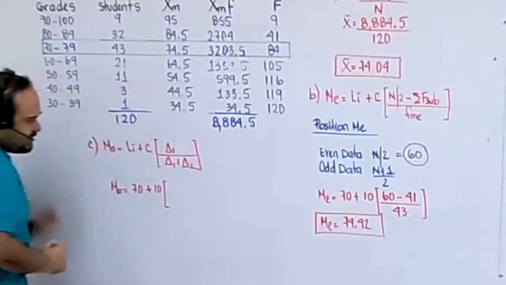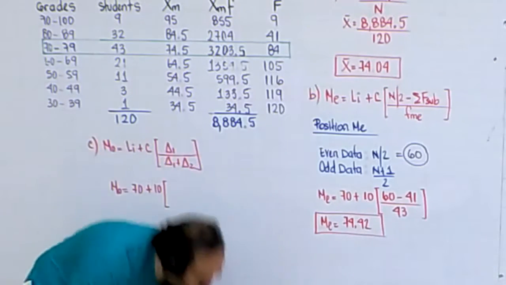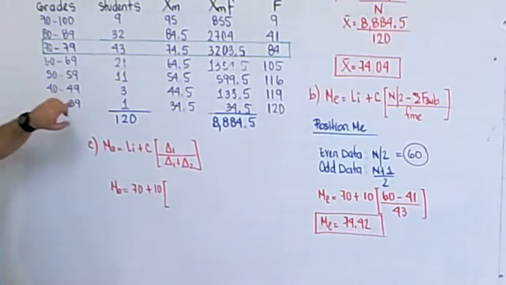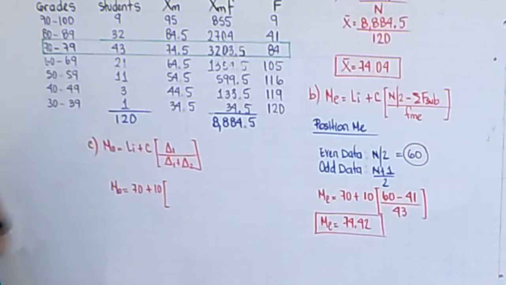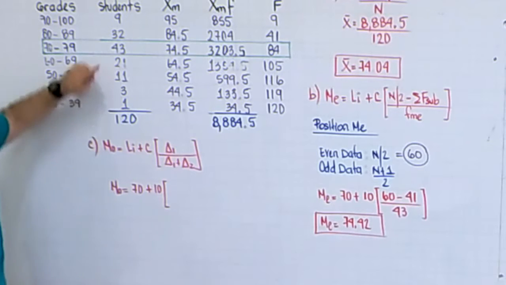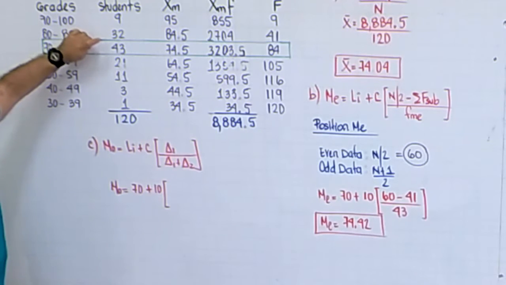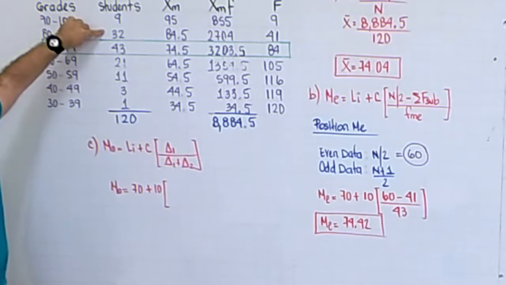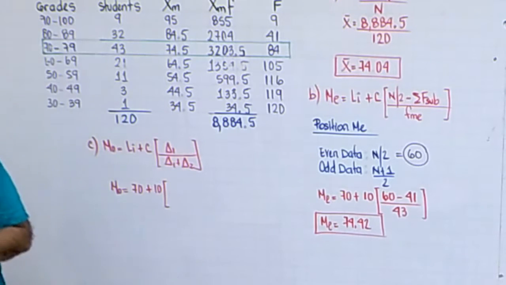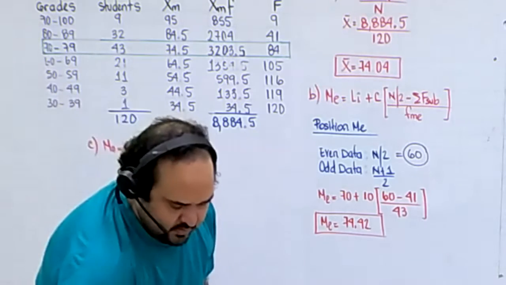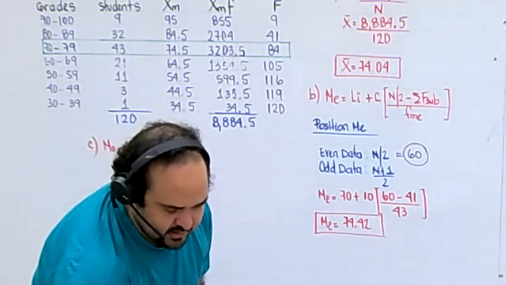Okay, how can I find delta 1? We have the frequency of the mode. Delta 1 will be the difference between the frequency of the mode subtracting the upward frequency. In simple words, 43 minus 32.